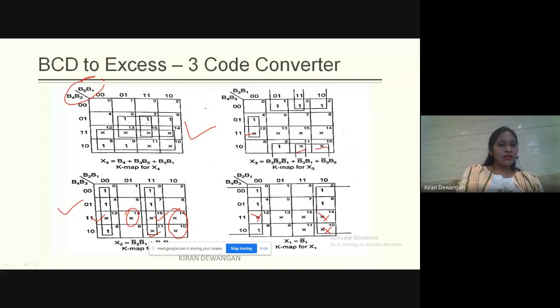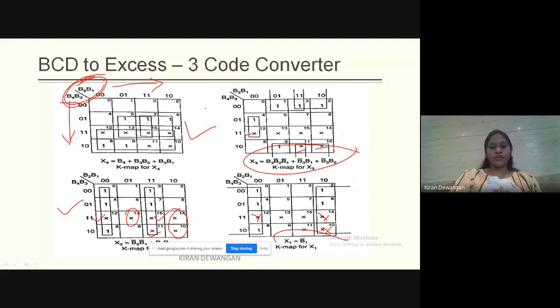It is b4 b3 in the row side and b2 b1 in the column side. ठीक है, तो हम यहाँ पर ABCD लेते थे, instead of ABCD it will be B4 B3 B2 and B1. Clear? So this is how you will map it and then you will obtain the expressions out of it.